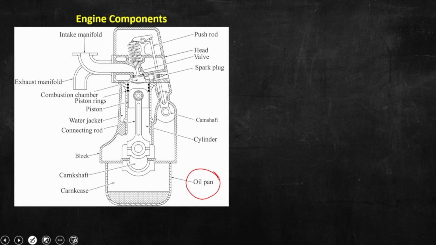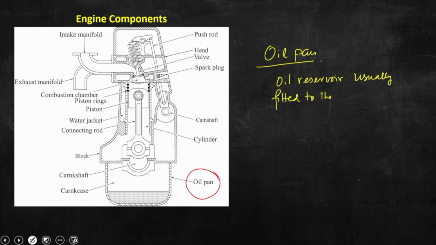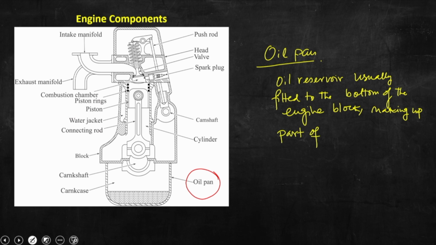So, I am writing: oil pan is an oil reservoir essentially, usually fitted to the bottom of the engine block and making up part of the crankcase, which we discussed a few minutes back.